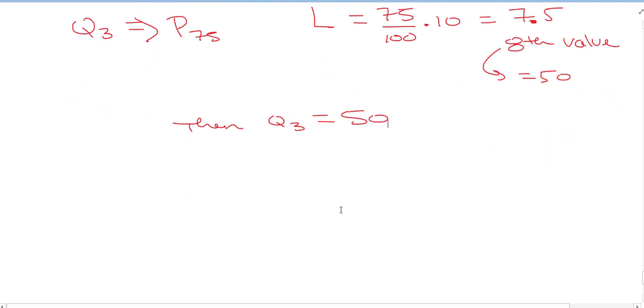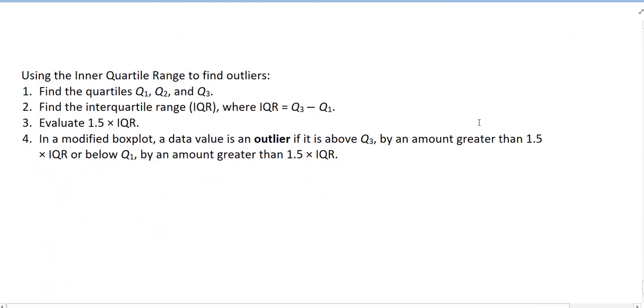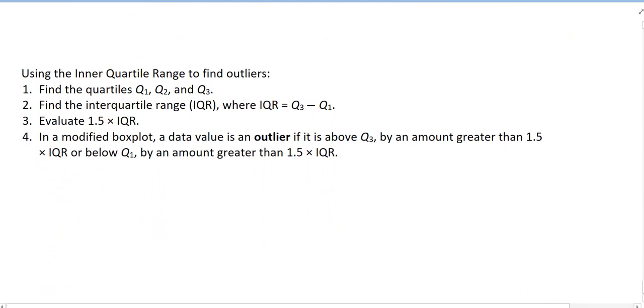And so now that we have our quartiles, to find outliers, we have another formula. We'll need our inner quartile range. And so first we find all our quartiles, which we already did, and then the inner quartile range, or IQR, is equal to, and I'm going to highlight this because this is important, Q3 minus Q1.